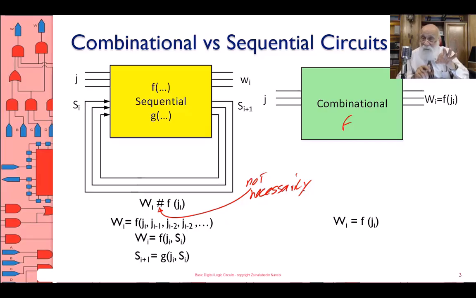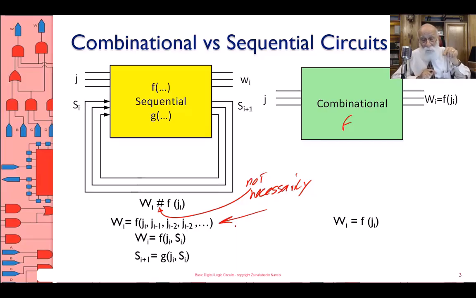I'm not saying the present input doesn't have a role. It does have a role, but there are other participants here as well. So what I can write is this. Actually, this is more like reality.